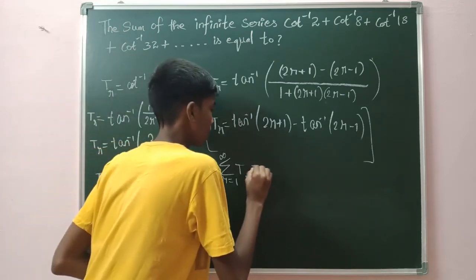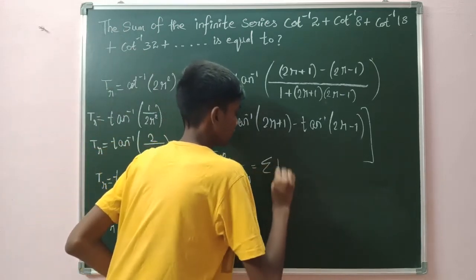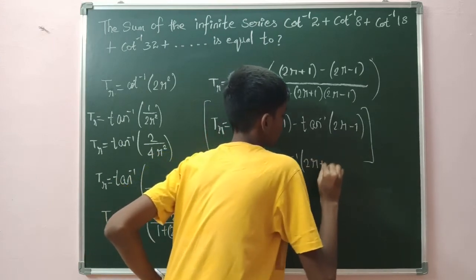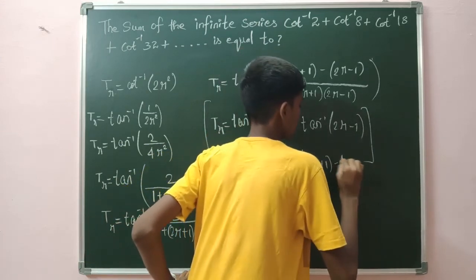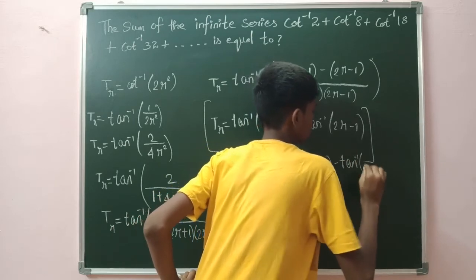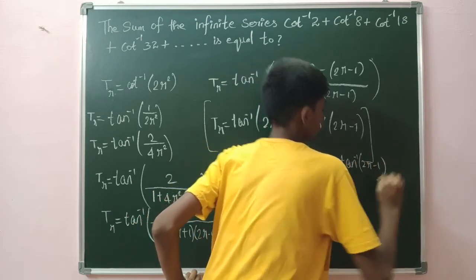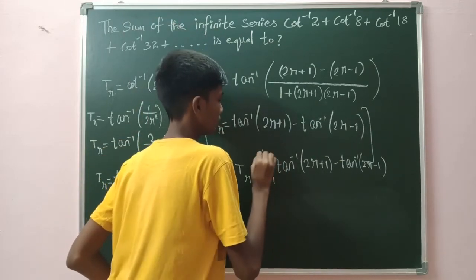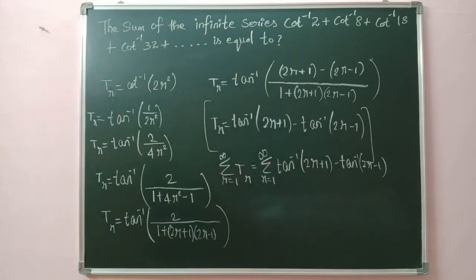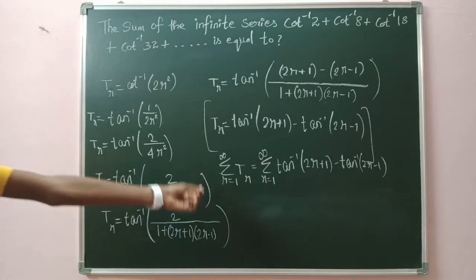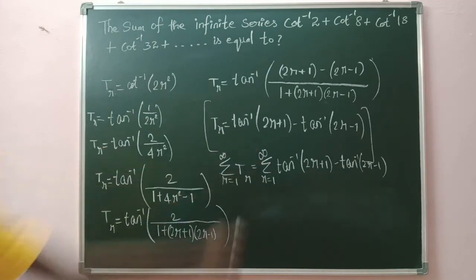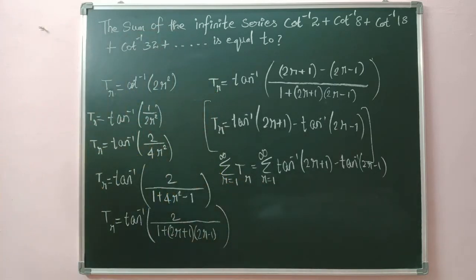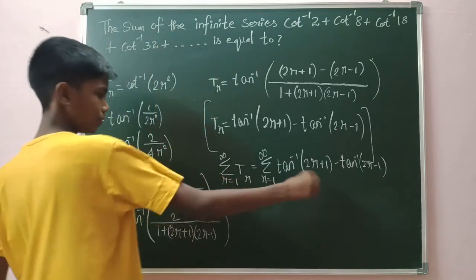This will be nothing but summation of tan inverse of (2r plus 1) minus tan inverse of (2r minus 1) from r is equal to 1 to infinity. That's all. So summation of TR from r is equal to 1 to infinity will be the summation of this expression, because TR is this expression. Okay, so now it's very simple.